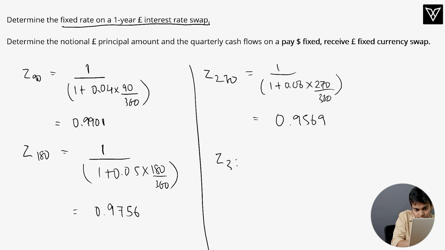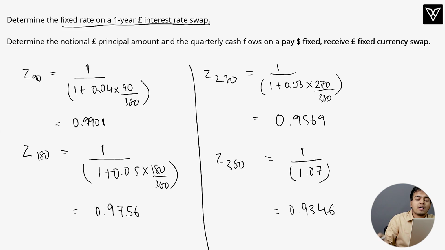And Z360 would be 1 upon 1.07, which is 0.9346 from the calculator.